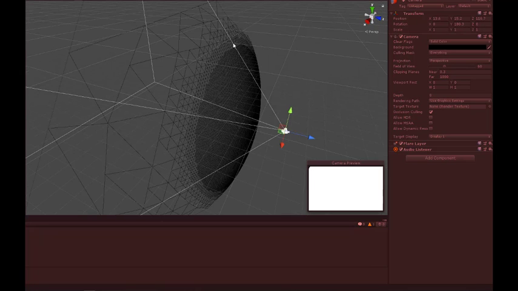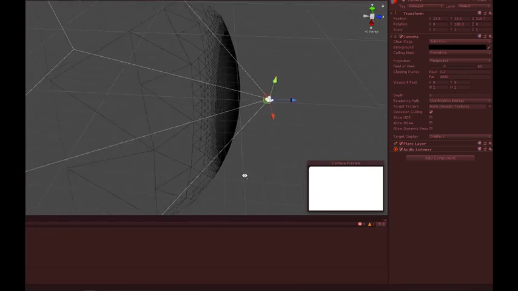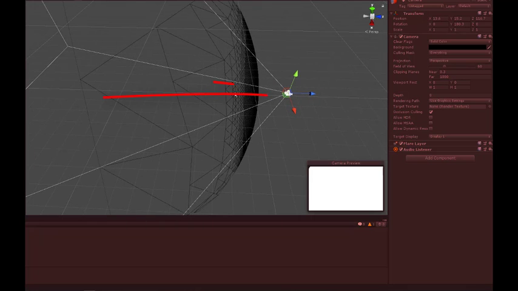But how does it know the radius at which to determine the LOD, level of detail? Well, imagine from the center to the player, here is the distance of the player from the planet. Then consider a ray going from here to the horizon.